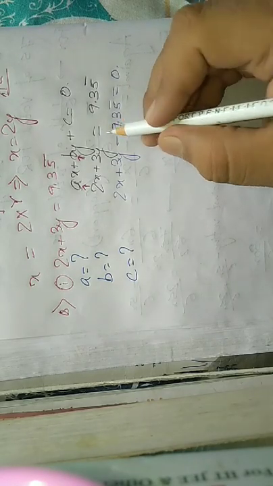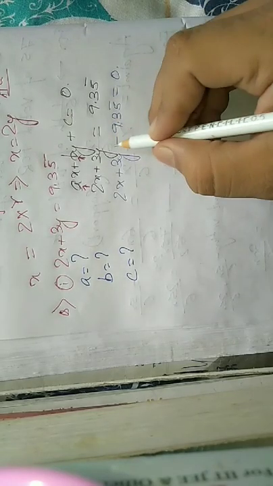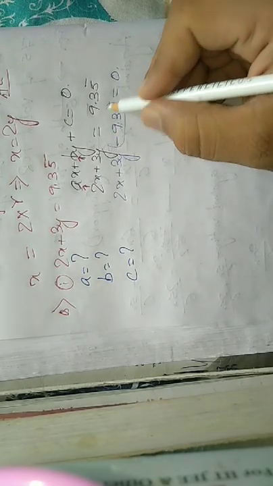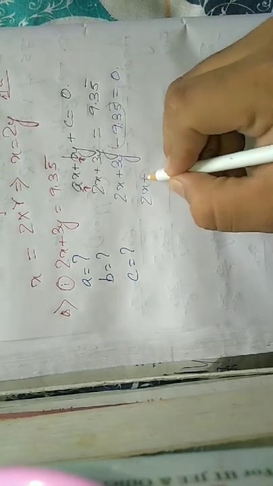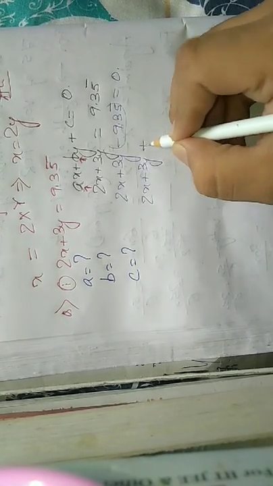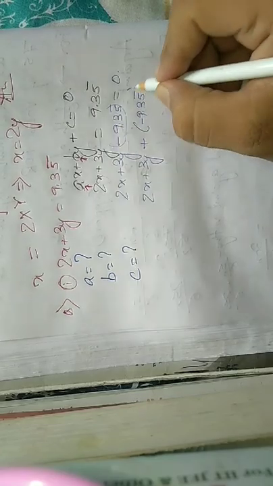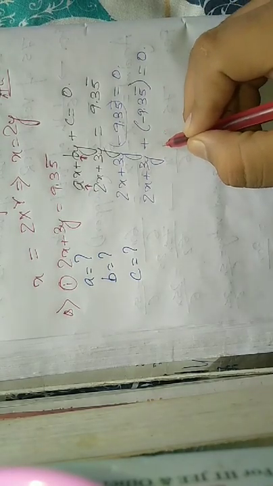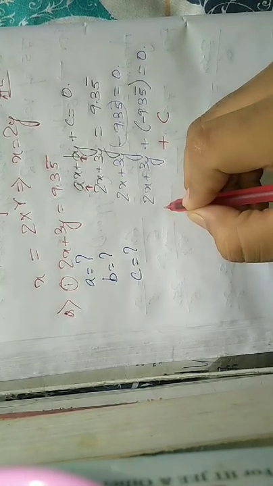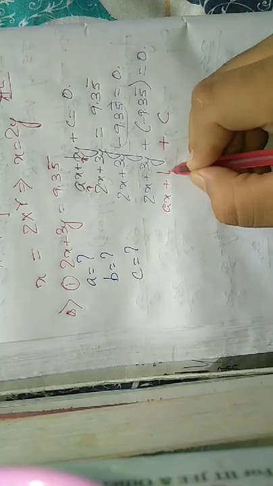Now it coincides, right? So a is 2, b is 3, and plus c. What is plus c? To make you understand better, this can also be written as plus minus 9.35 bar is equal to 0. So this is the value of plus c. Now you got it: ax plus by plus c is equal to 0.